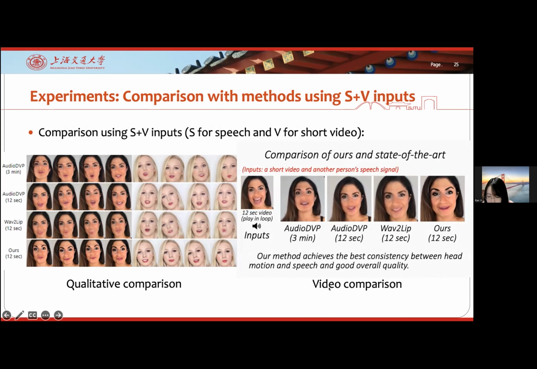The comparison methods all copy the head motion from another video, so the head motion does not correspond that well to the input audio. When the input audio is very slow, the head motion is still very quick, which is not very good. But we predict the head motion from speech and the head motion behavior patterns, so we can better generate the head motion.